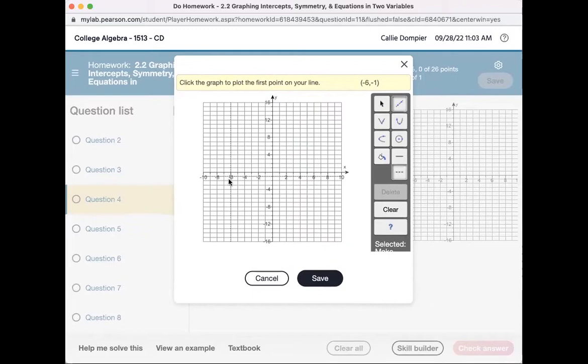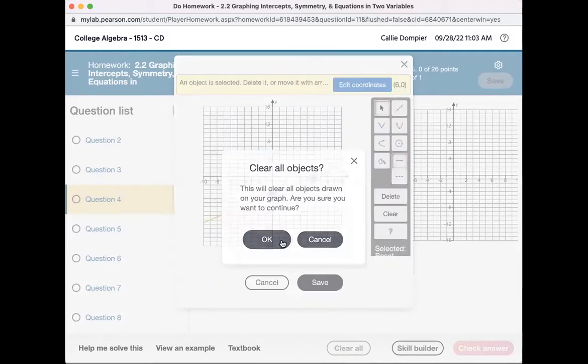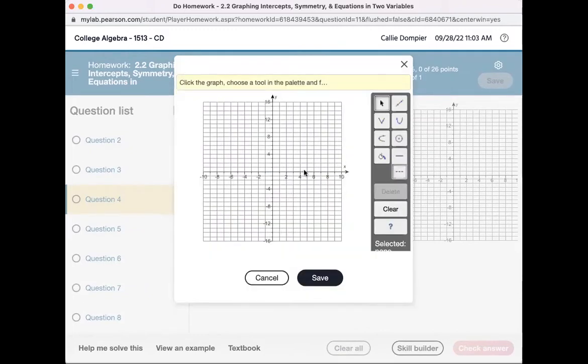Good. If the question asks for your 2 intercepts, you need to use the intercepts that you found as your points. So if this is your line, and instead of choosing your y-intercept and your x-intercept, you did the same line, but you started it here and only used this, they're going to mark it wrong, even though it's the same line, because you didn't select both intercepts.